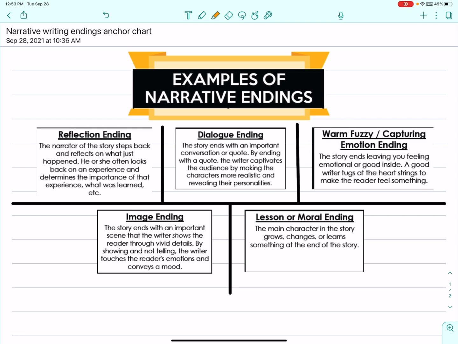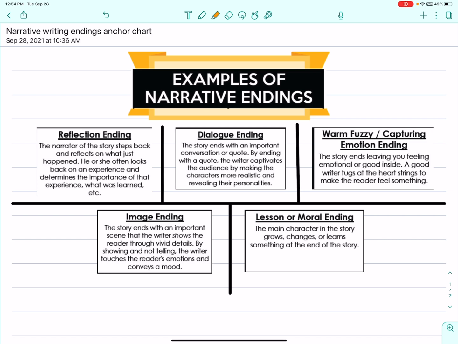Hello. This lesson is going to be all about narrative endings, ways that you can end your narrative story. So I have gone through possible endings and I have selected 5 different types of endings that I think really go with our realistic fiction topic the most.